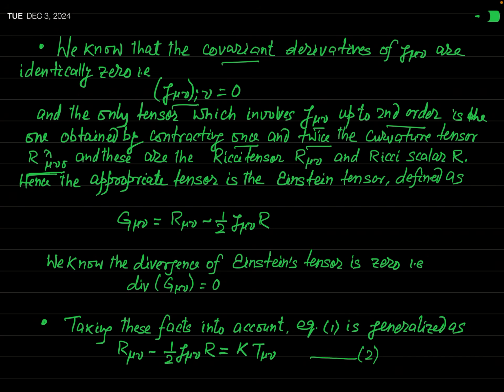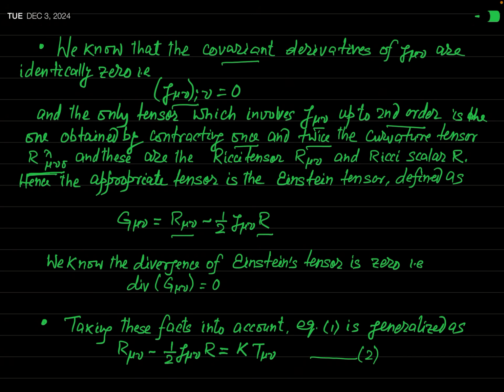And the Einstein tensor is a combination of the Ricci tensor and this Ricci curvature scalar.